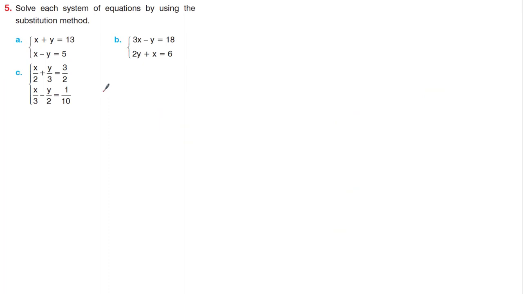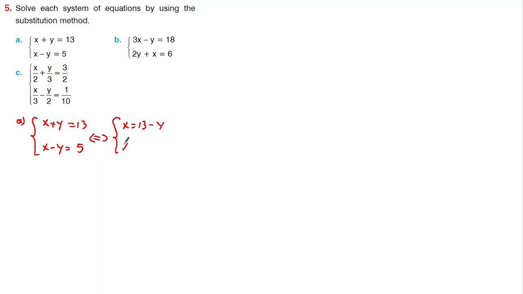Solve each system of equations by using the substitution method. All right, the substitution method had one very important part, which was expressing one of the unknowns in the equation in terms of the other unknown. In this case, under A, we can express x as 13 minus y.